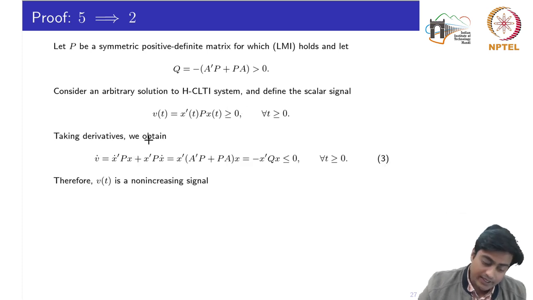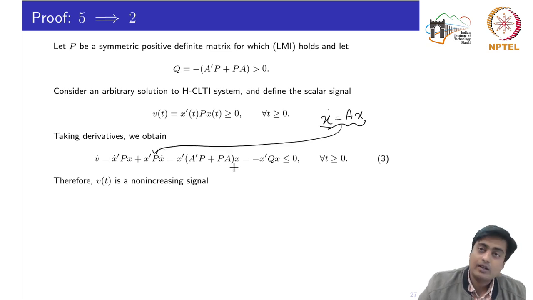Okay, so taking the derivative of this signal, we obtain x dot transpose P x plus x transpose P x dot. By putting x dot equal to Ax here, I can simplify this equation to this one.